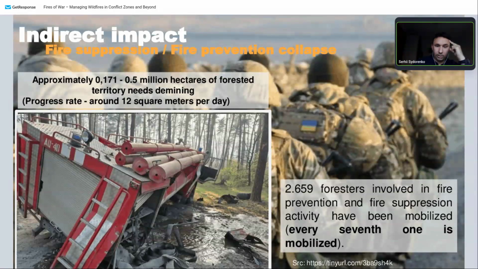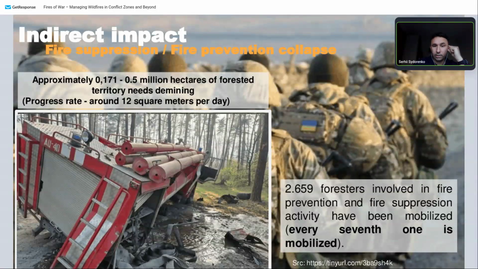Another issue is a gap in experience among firefighters and foresters, because foresters are actually first responders. It is a first role in forest fires, but also foresters do all fire prevention in these forested areas.